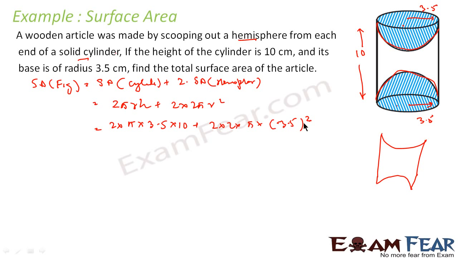So if we solve this, this becomes 70 pi plus 49 pi. Total becomes 119 pi, and if we take pi as 22 by 7 and cancel, what you get is 374. So this is centimeter, talking about area, so this is centimeter square. Correct? So the total area of this is 374 centimeter square. Very simple question.